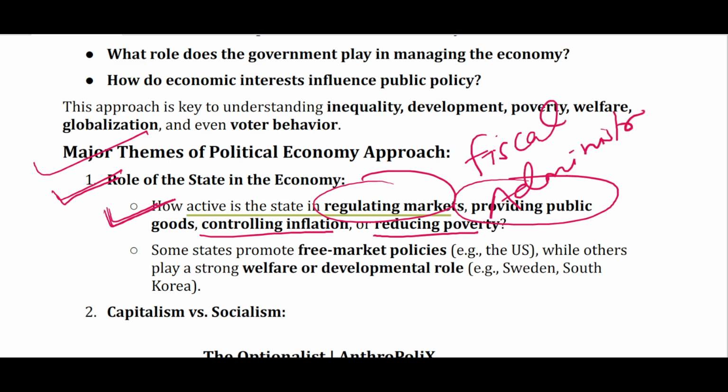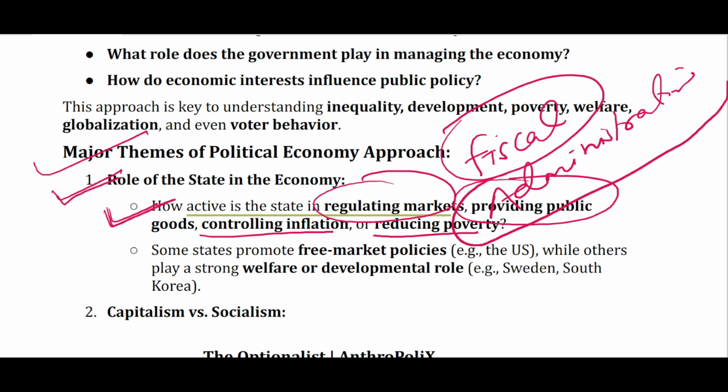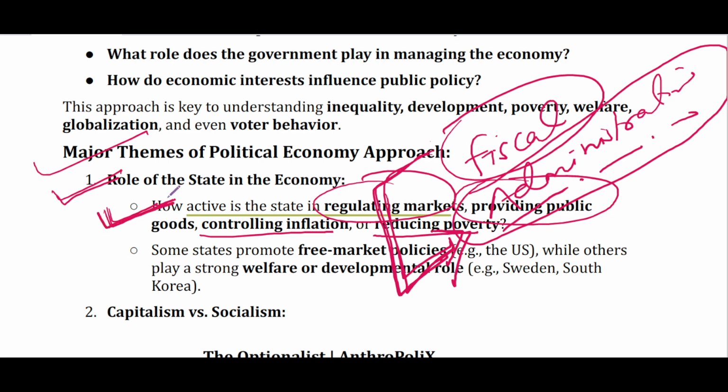Fiscal level means how government is regulating its treasury. Then how the money that the government has in its treasury by the way of taxation or borrowing, how the money is utilized properly. So both fiscally and administratively, the role of state is being judged by this particular approach.